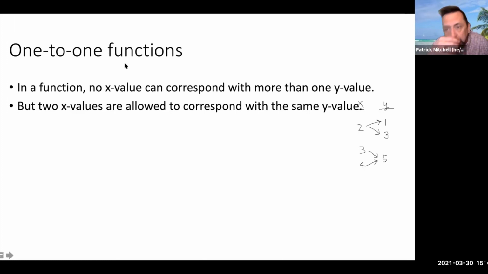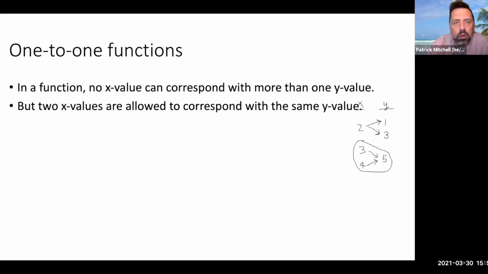However, if you wanted to make this function into an inverse function, then this type of thing would not be allowed, because what would happen? Remember that an inverse function is supposed to undo whatever the original function does. So in this case, the inverse function would be trying to send the number 5 back to the number 3 and also to the number 4. So then it would not be considered a function.